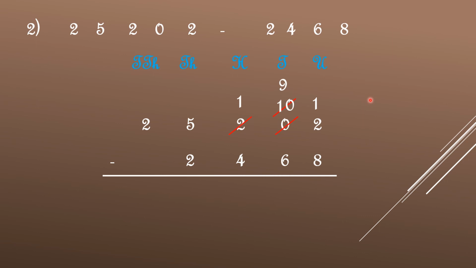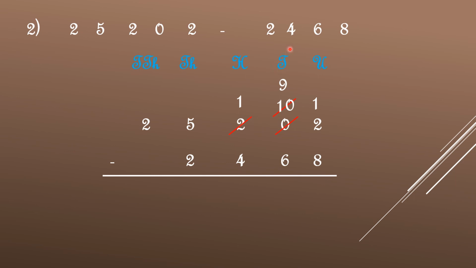I hope children you understood. If there is a 0, you cannot borrow from that digit 0. So you have to go to the next place. Here I went to the hundreds place, but from the hundreds place, I borrowed 1 to the tens place. I did not take it to the units place. Remember, from 100, the rule says I can always borrow only to one place, and that is the tens place.